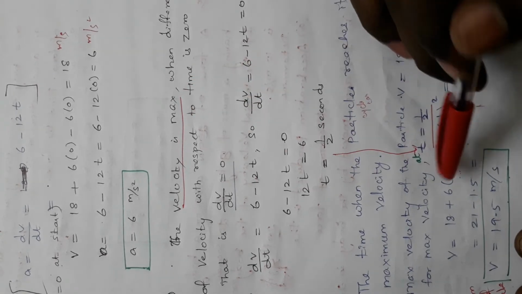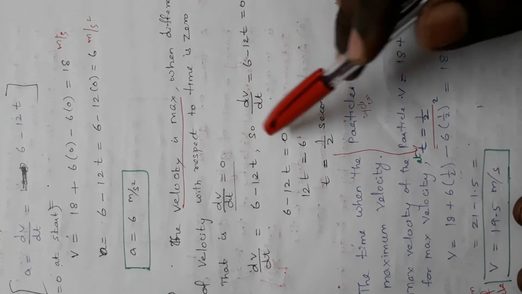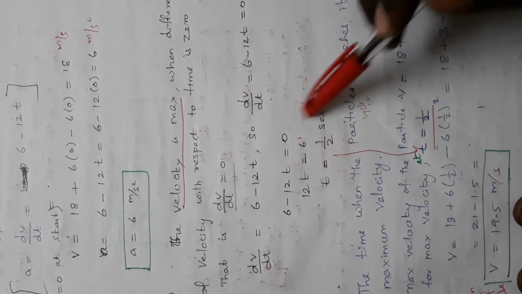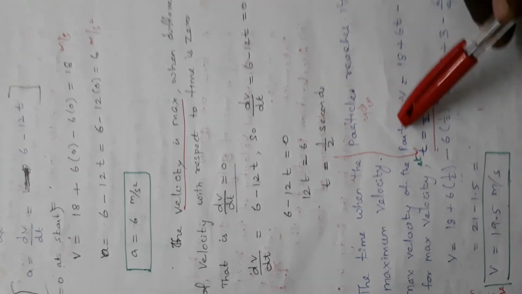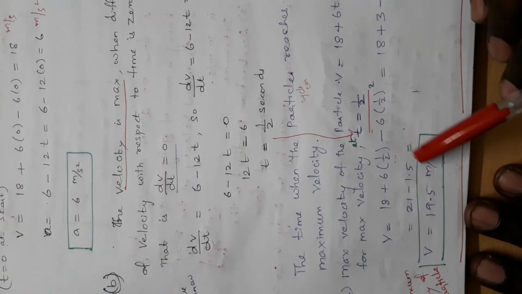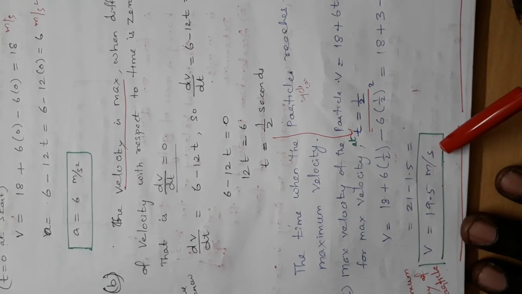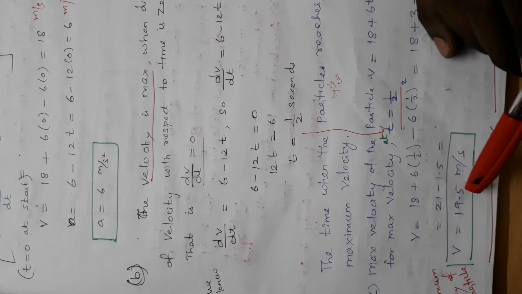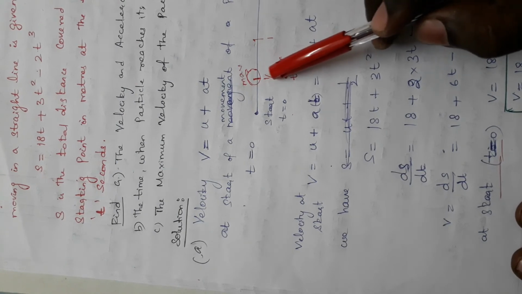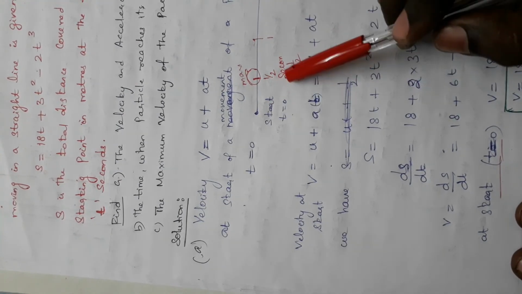What we are going to find is how much the velocity is, but at which second the maximum velocity is reached? At half second from the start. Now substituting the values, finally we get v = 19.5 meters per second. So the maximum velocity of 19.5 meters per second is reached when the object reaches half second from the starting point.